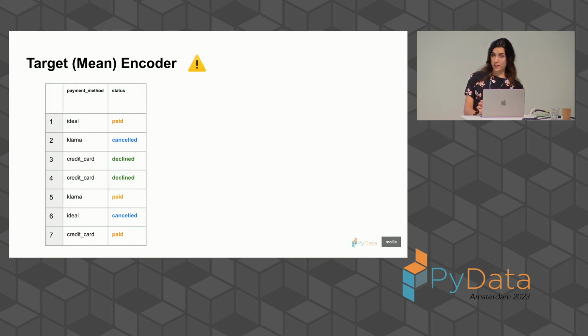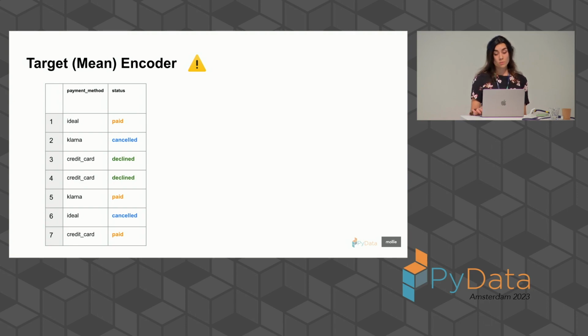Another thing to be careful about, what I mentioned earlier with multi-class classification, is if we have more than two classes in the target. Here we have the status of payment: paid, cancel, and declined, and let's say we want to predict it. What we see here is the target is categorical, and we can't take a mean in categorical data.